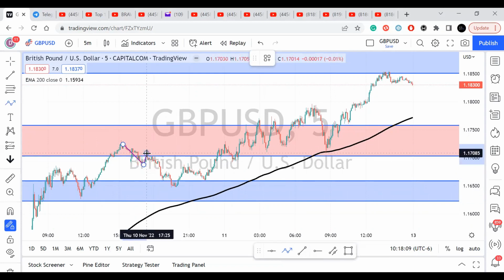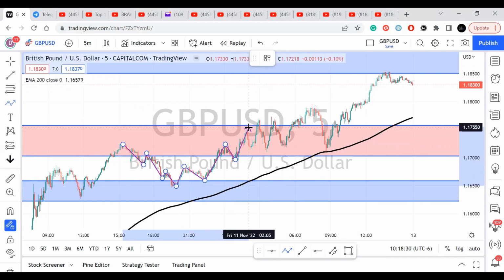Price gave us this structural high, broke this low, pulled back, gave us this low. So now we have a break of structure, we had a pullback, then a continuation to the upside. So price came back to this daily, and we now have a breakout of this daily structure.